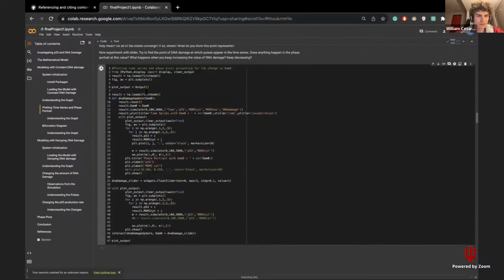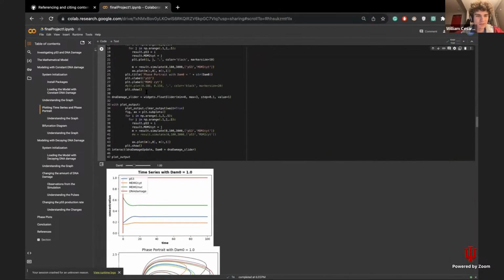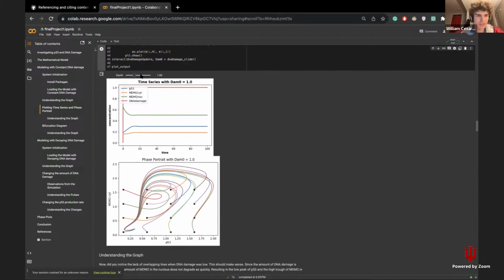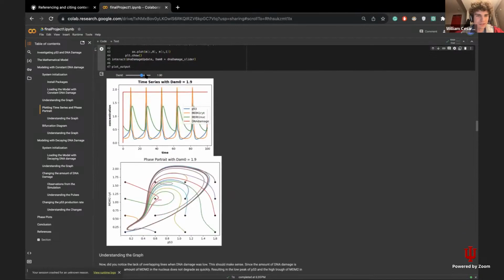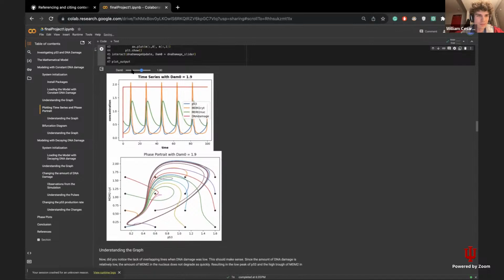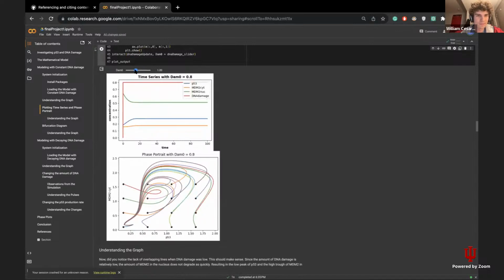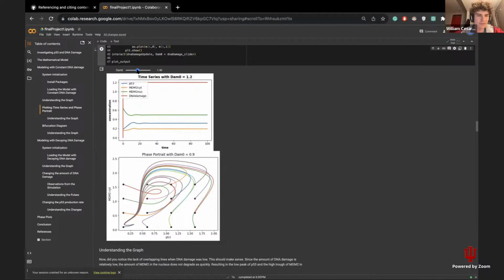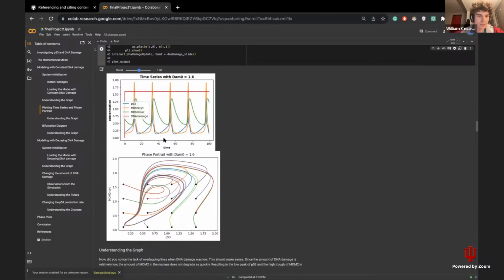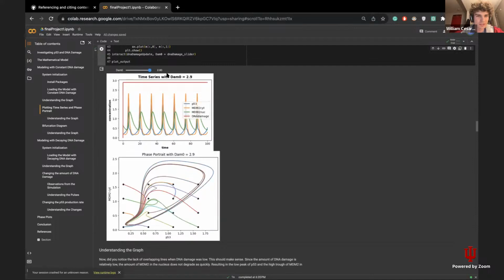Going down, this took a while to figure out how to code without the duplications of the graphs. So now the user can graph: 1.6 you can see, and then you can keep increasing to 3, and everything updates and you can see the loops, which I think is pretty cool.